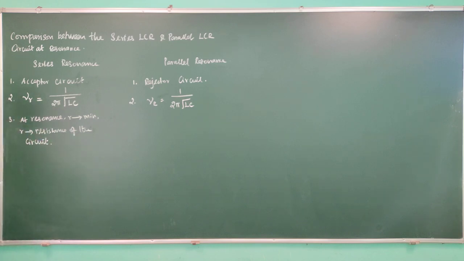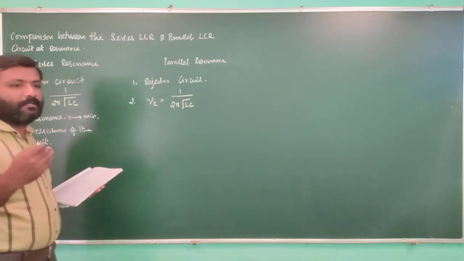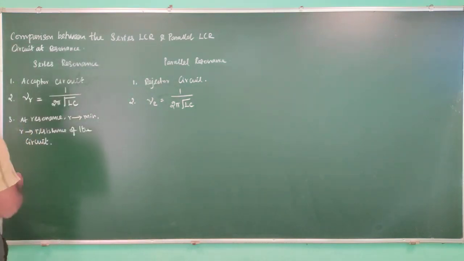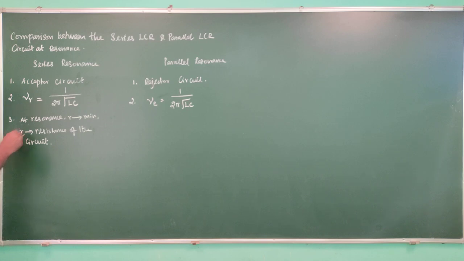In an LCR circuit there is a resistor, capacitor and inductor. So at resonance the capacitive reactance and inductive reactance go off, and the effective resistance of the circuit is equal to the resistive component present in the circuit.